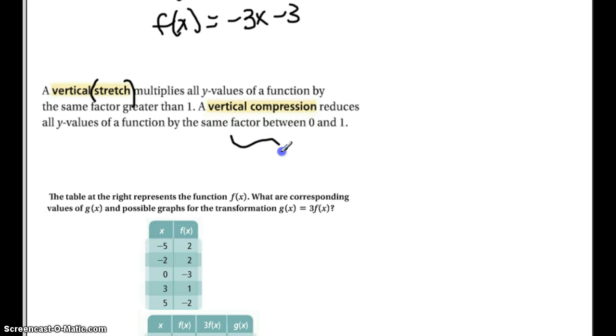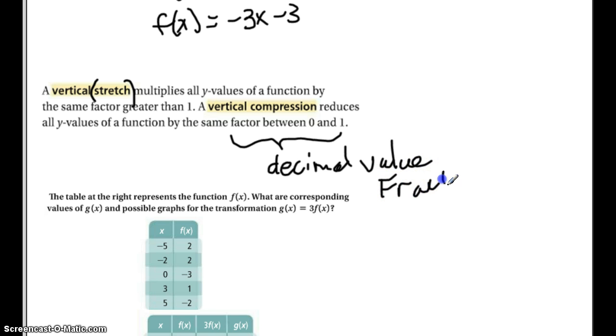And this factor between 0 and 1 usually is in the form of a decimal value or perhaps a fraction. And again, those fractions or decimal values have to be between 0 and 1. Sometimes you will see it written like this, but your a value has to be in between 0 and 1.